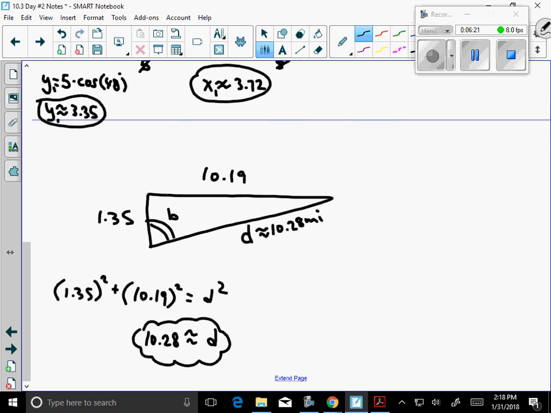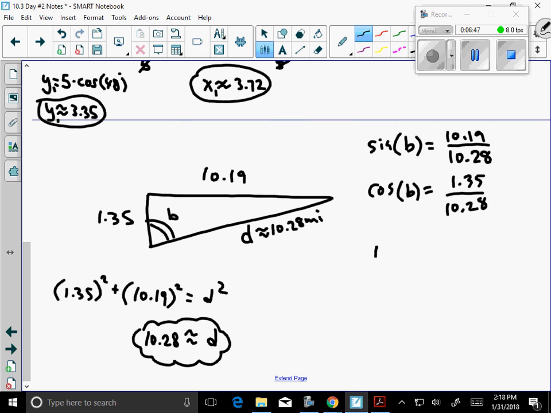Let's quick talk. Bring it together here for a moment. Would you agree that the sine of B, our bearing, would be 10.19 over our hypotenuse 10.28? Would you agree that the cosine would be 1.35 over 10.28? And that the tangent would be what? 10.19 over what? 1.35.